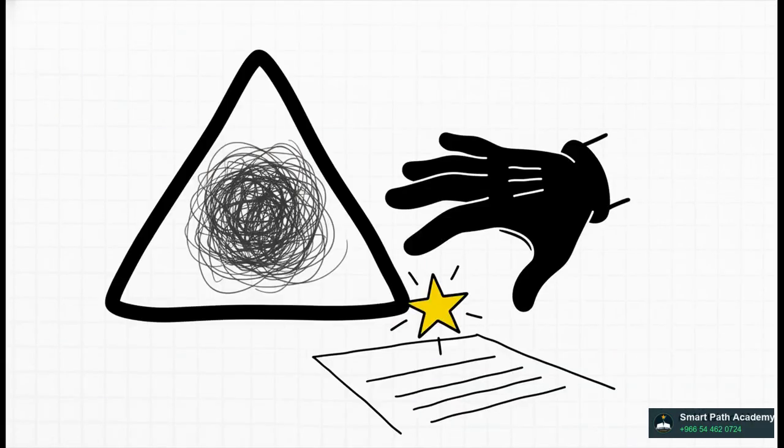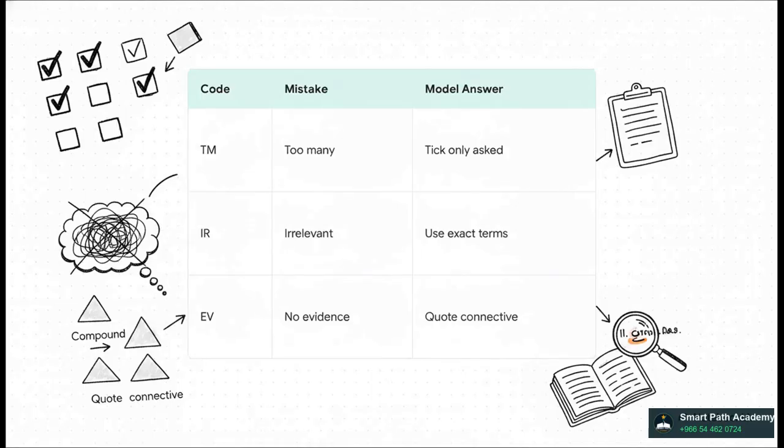Okay, hold up. We need to shift gears for a second and enter the danger zone. Knowing the grammar, like we've just practiced, is fantastic, but it actually isn't enough if you don't know how the examiners want you to write the answer on the page. Let's look at the common mistakes that literally steal marks from really smart students who actually knew the right answer but just formatted it poorly. You see, teachers use these specific feedback codes when grading. Let's decode them. TM means too many boxes ticked.